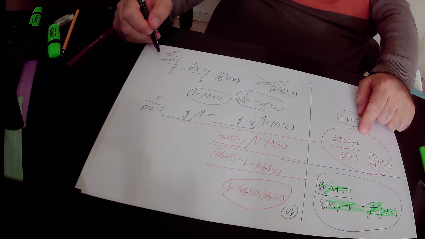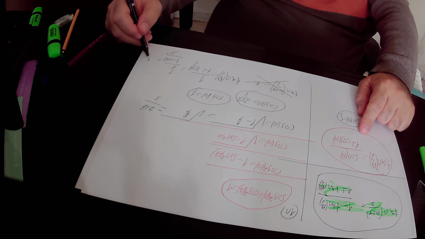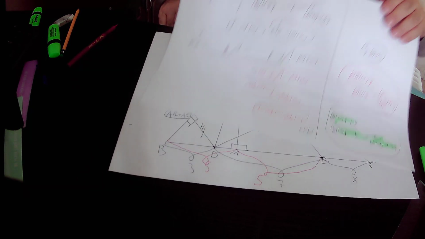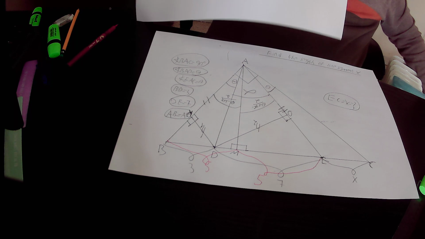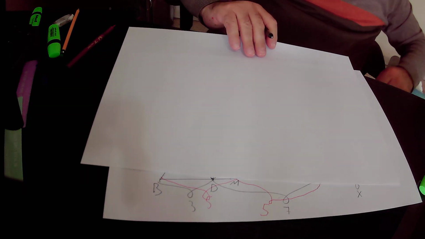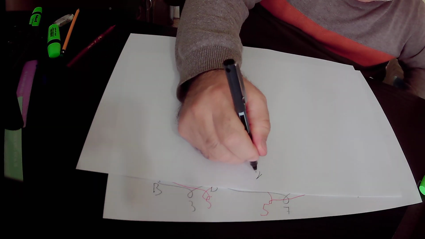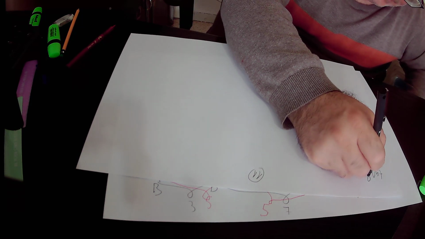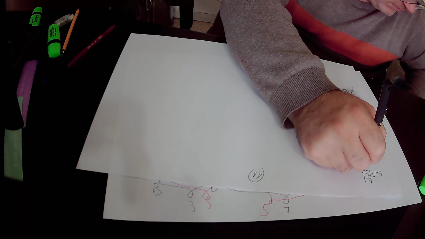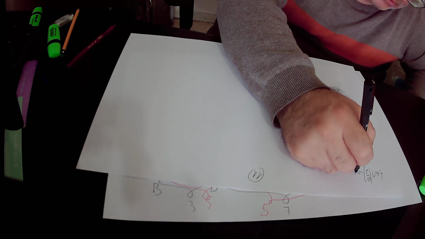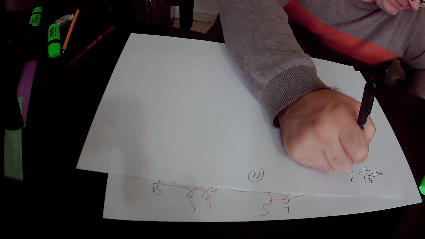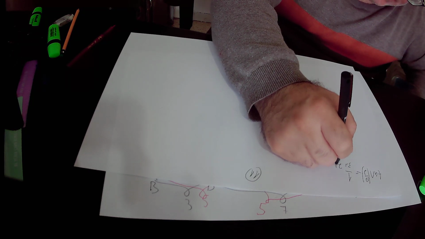And we found out that tangent theta over 2 equals 1 over 3 plus 2 times square root of 2.